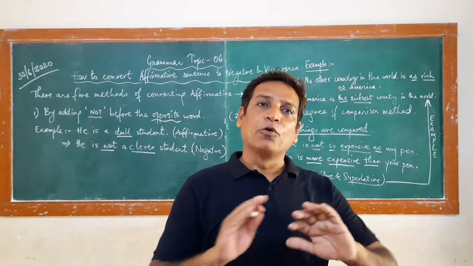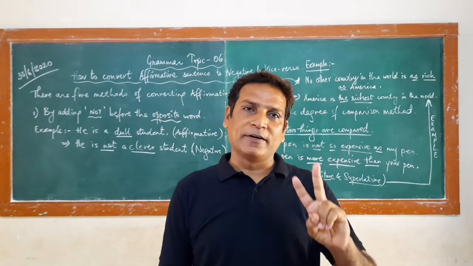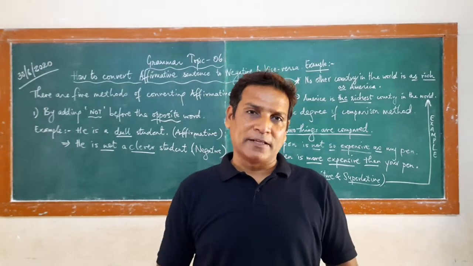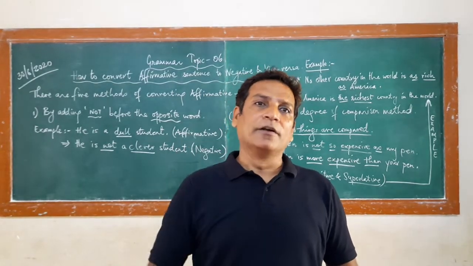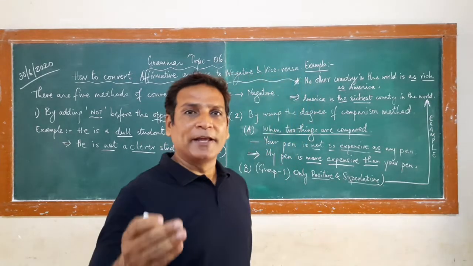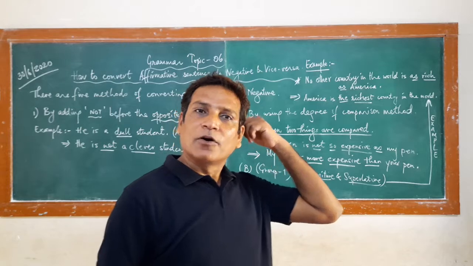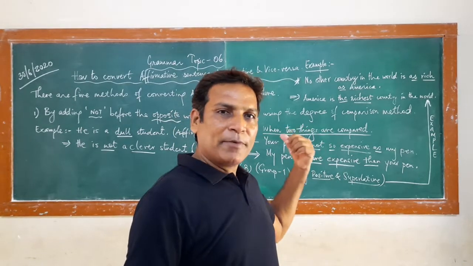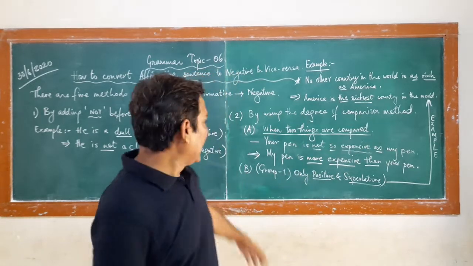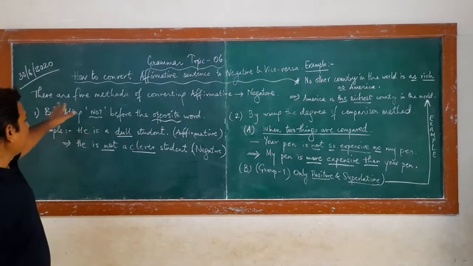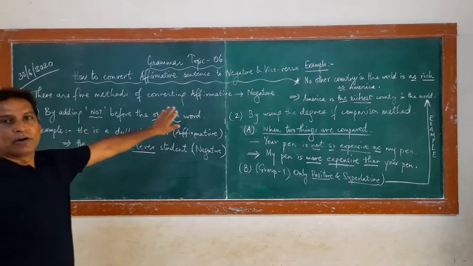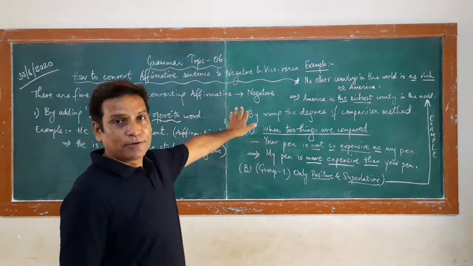Today we are going to learn only the first 2 methods, which are considered among the easiest methods and which you have also learned in your previous classes. So let's begin with the transformation of affirmative sentences to negative sentences. As you can see here on the green board, there are 5 methods of converting an affirmative to a negative sentence.